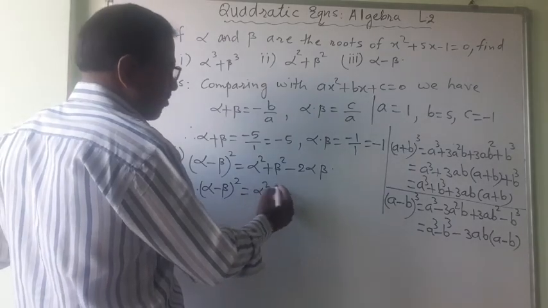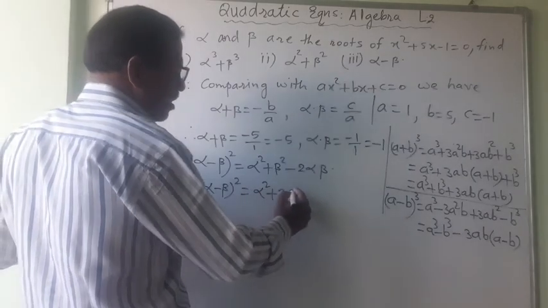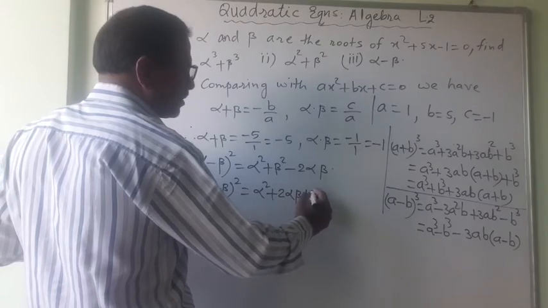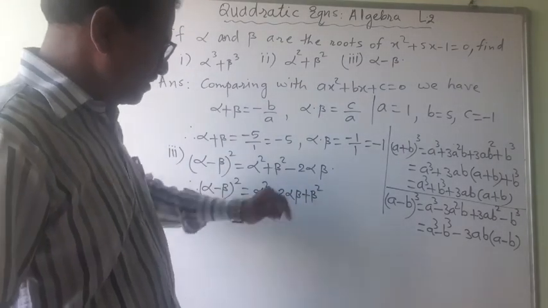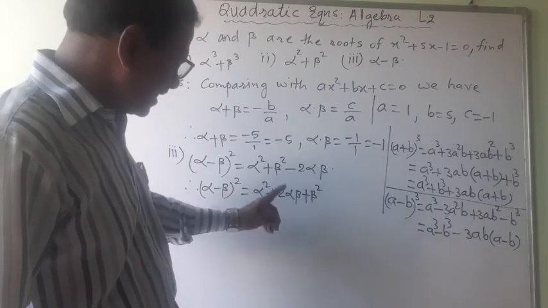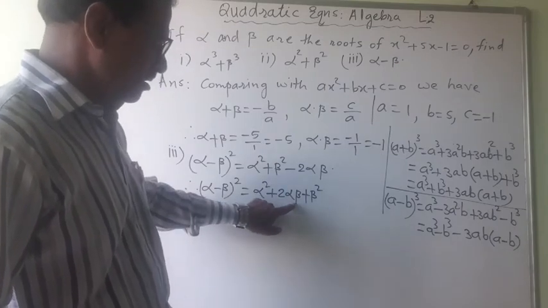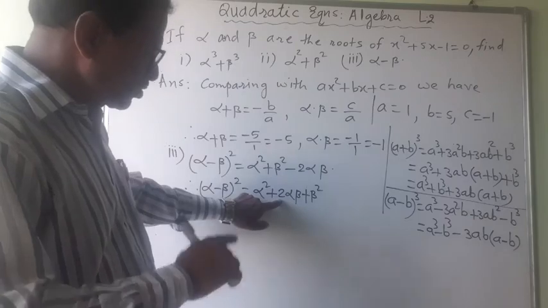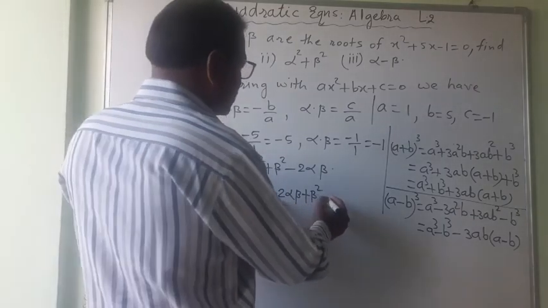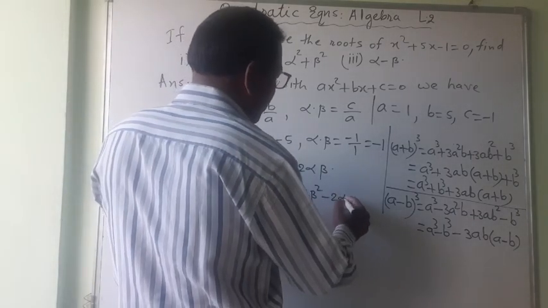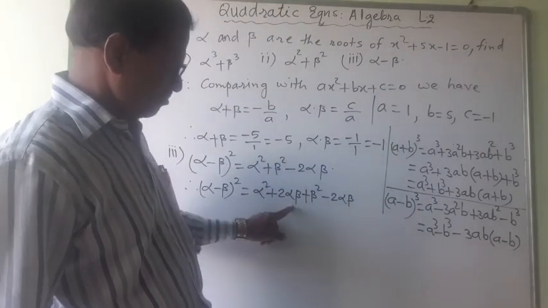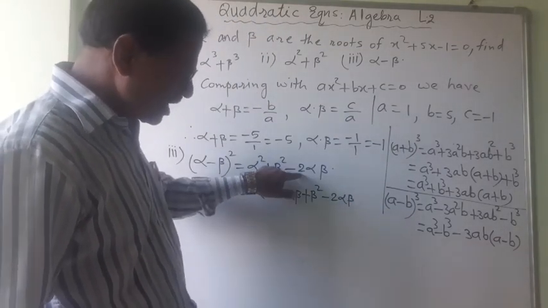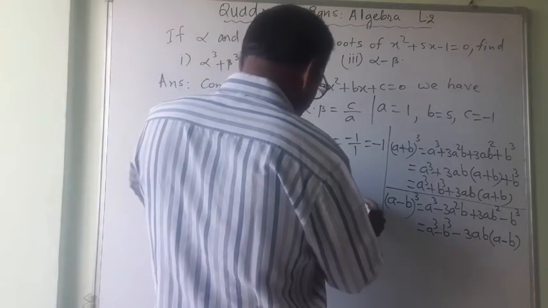Means alpha square plus 2 alpha beta plus beta square, say this a square plus 2ab plus b square. I have adjusted this plus 2 alpha beta. If I am taking plus 2 alpha beta, then I have to subtract also minus 2 alpha beta. For this I have adjusted this. But I have not written this yet, so minus 2 alpha beta.